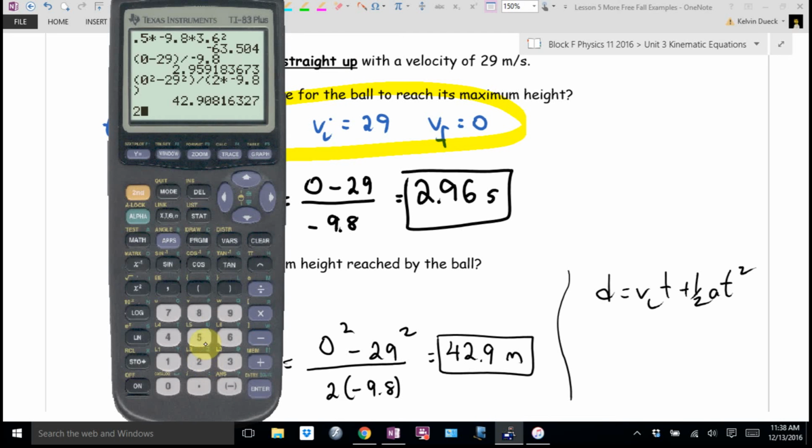What's VI? 29 times T, 2.96 plus 0.5 times negative 9.8 times 2.96 squared. Do I also get 42.9? Which tells me, Josh, not only is my answer right, my answer from part A must be right, because how could I have fluked into getting the same answer 2 different ways?